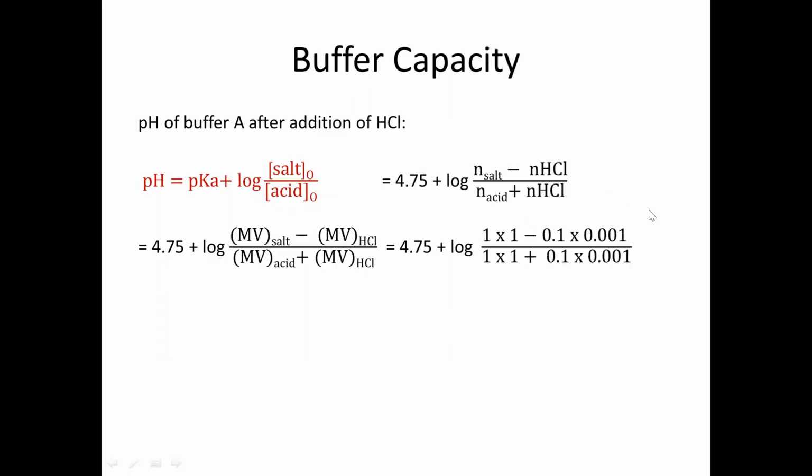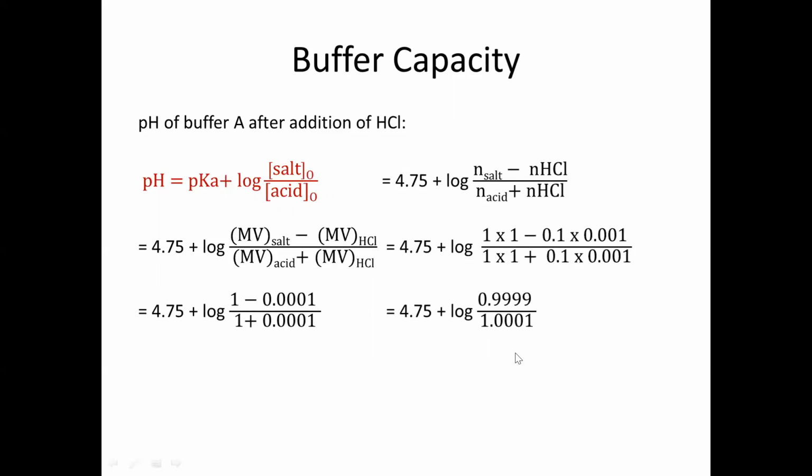So the important thing to note here is that when we added HCl into buffer A, which is an acidic buffer, the concentration of salt would decrease and the concentration of acid would increase. We will solve this in a similar way that we have done before. We find that the pH comes out to be 4.74991.